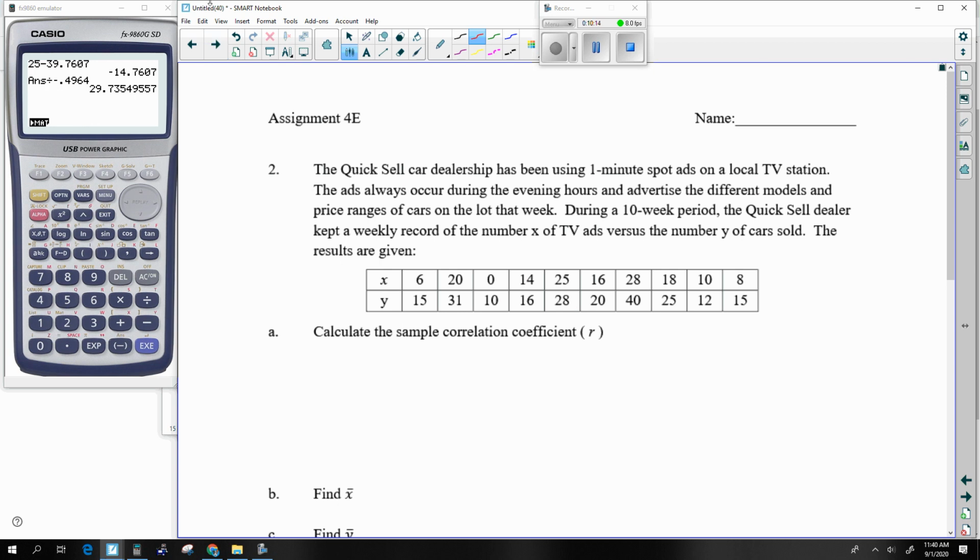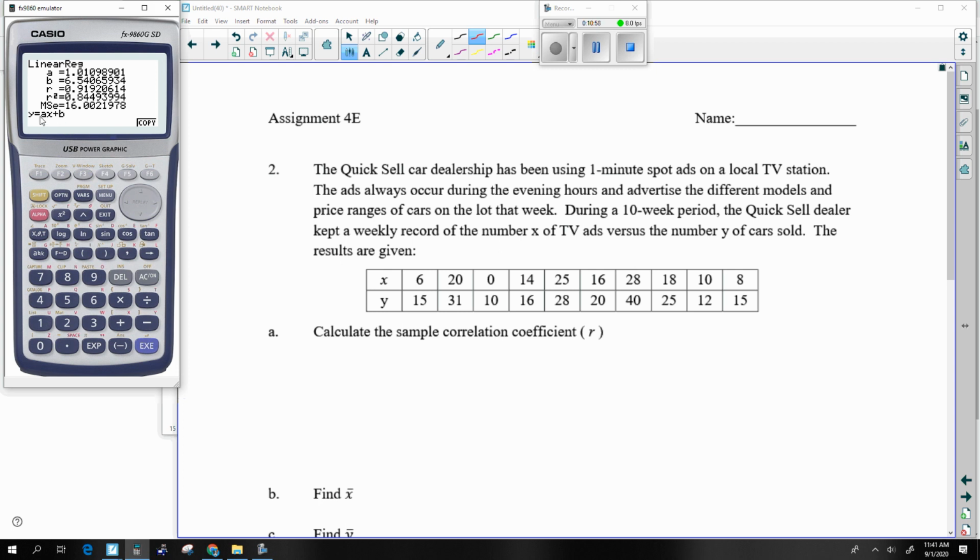Okay, let's go ahead and do it again, this time for question 2. So where we're going to find everything is calc, regression, X regression, and then again, I don't get the option.